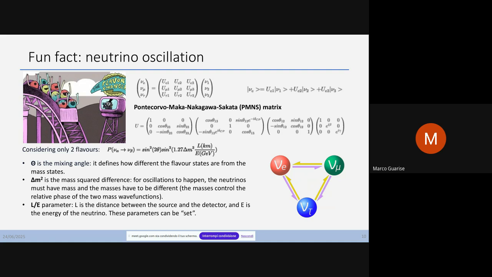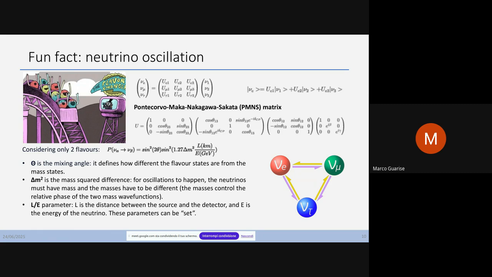The mass square difference, which is this term here. Also here we have three terms, and then the experimental parameter, which is L over E, where L is the distance from the source to the final measurement point, and E is the energy of the neutrino.